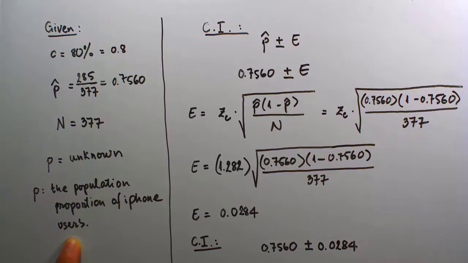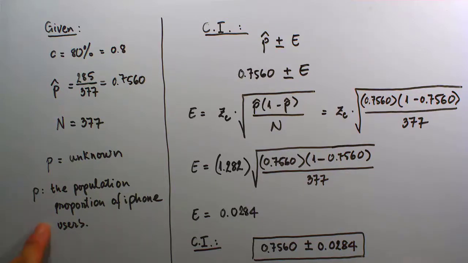So anywhere 0.0284 up and down from our sample proportion 0.7560. That is the interval that at 80% successful rate, the actual population proportion here will fall inside of.